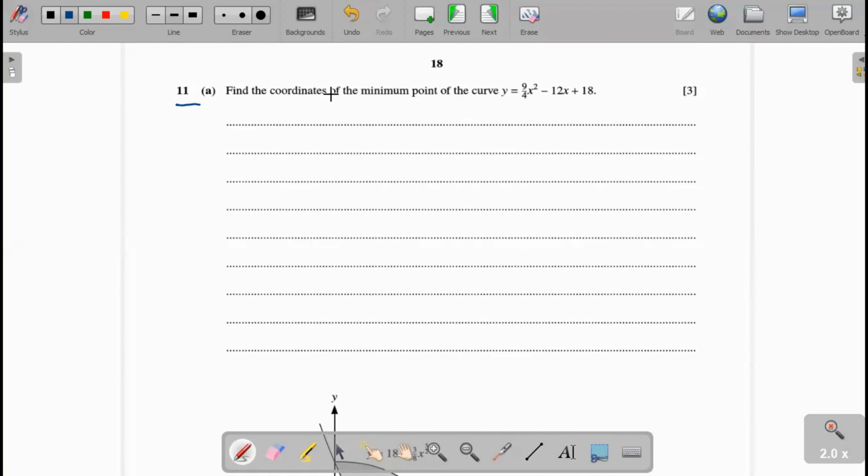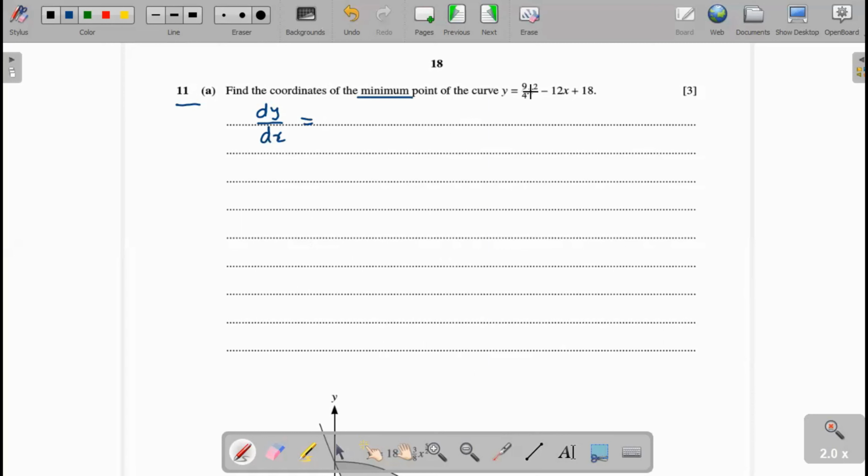Question 11, part A. Find the coordinates of the minimum point of y equal to 9 over 4 x square minus 12x plus 18. To find the minimum point of the curve, we take the derivative. Derivative with respect to x, dy over dx.